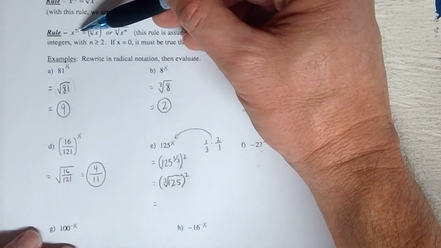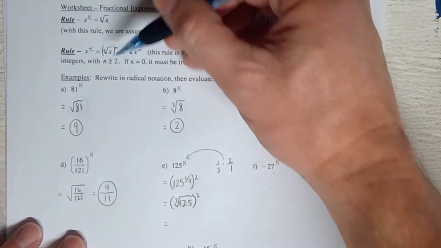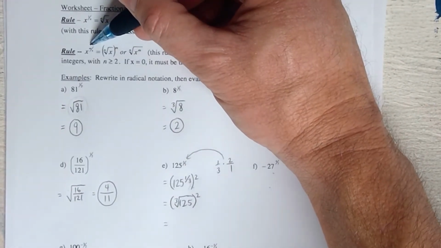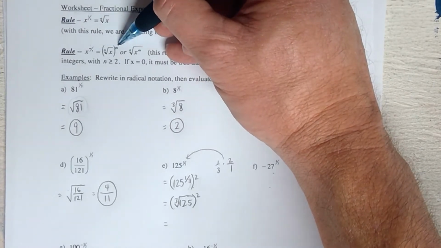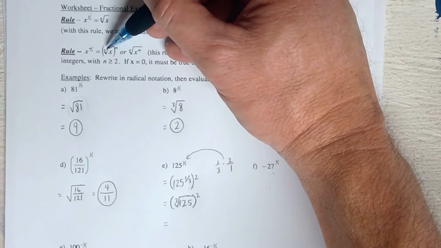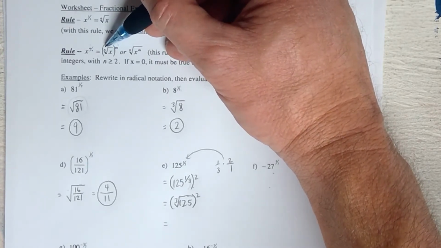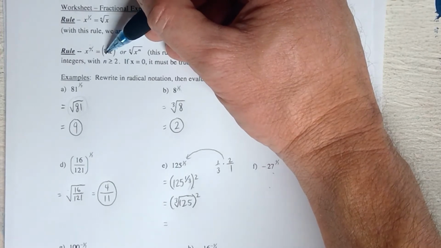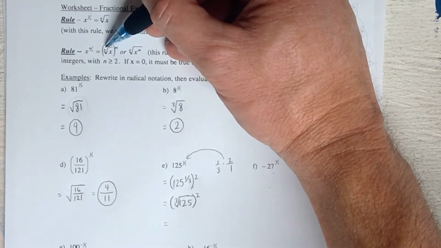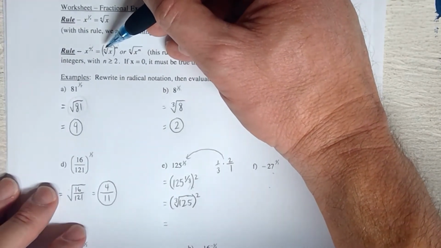When you have a fraction exponent where the top of the fraction is something other than 1, you put that number on the outside, okay? And then the denominator, as always, becomes that little number you put inside the v of the radical that tells you what kind of root you have, whether it's a square root, a cube root, a fourth root, whatever it may be.